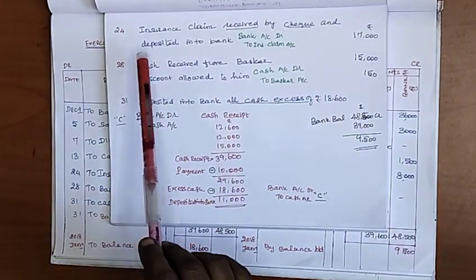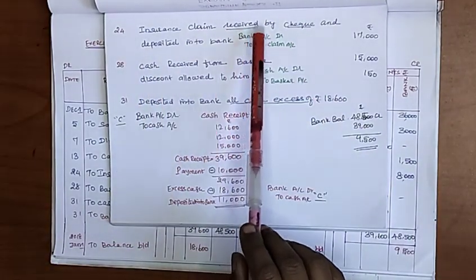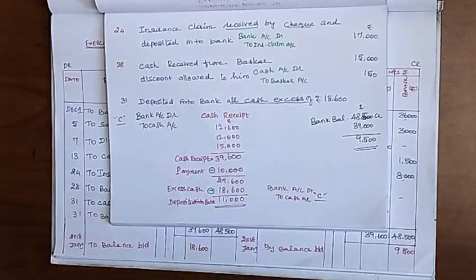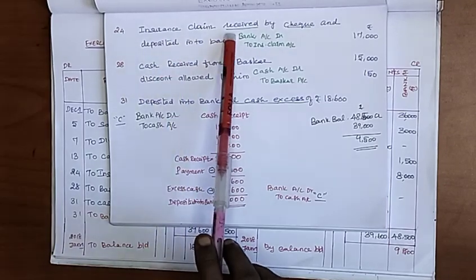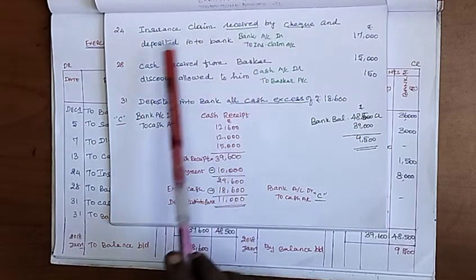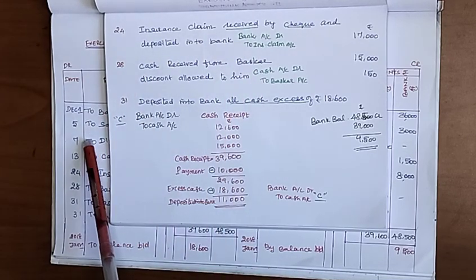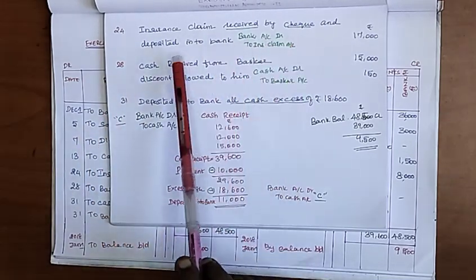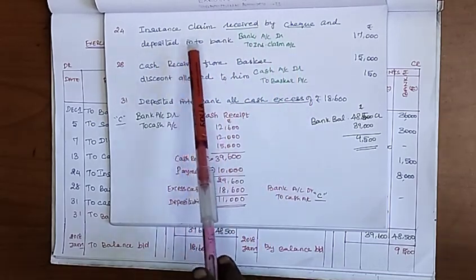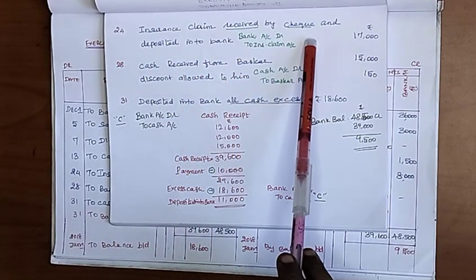December 24, insurance claim received by check and deposited into bank. So you received an insurance claim. So this transaction goes to the receipt side, the debit side. Your bank account increased because you received the insurance claim through bank, through check.